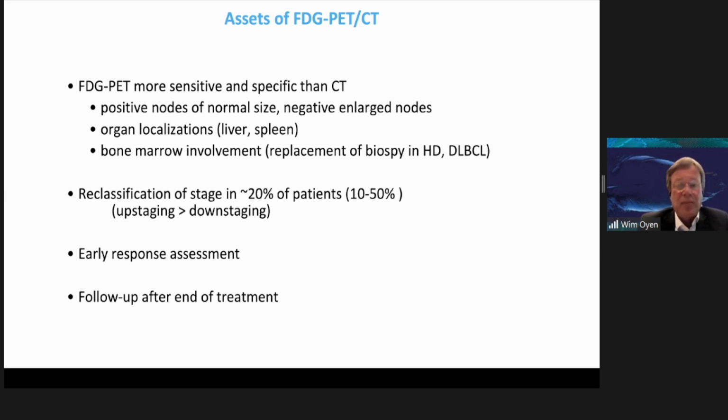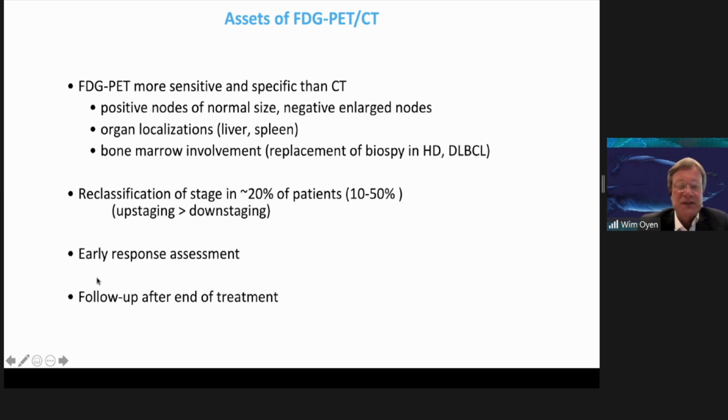If you lump a large number of staging studies together, there is a reclassification of stage in approximately 20% of the patients, which is a pretty average number of reclassifications that you will read in literature for many malignancies. And in particular in malignant lymphoma, there's more upstaging than downstaging.